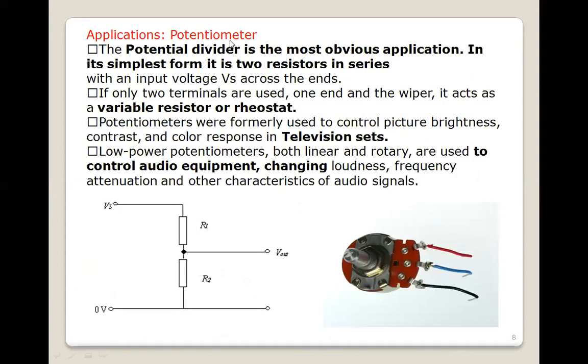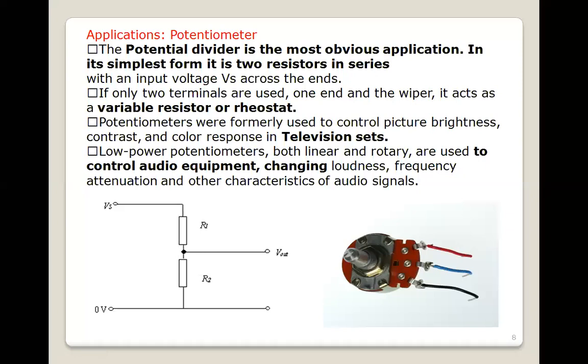So next, what are the applications of the potentiometer? The potentiometer divider is the most obvious application, in the simplest form of two resistors in series, with the input voltage Vs applied. If one terminal is used, the other terminal as a wiper acts as a variable resistor or rheostat. Potentiometers were formerly used to control picture brightness, contrast, color, and position in the television set.